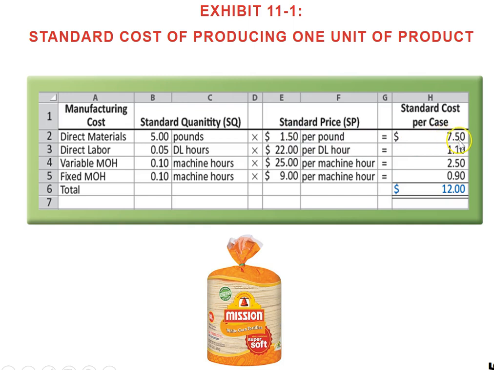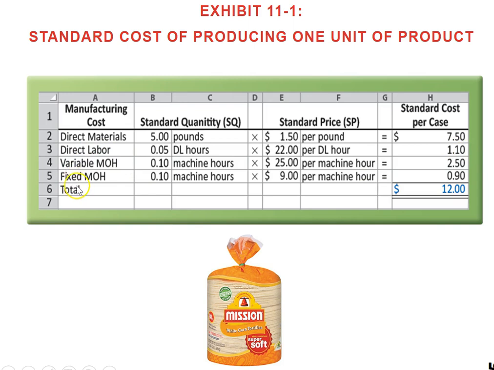That means your direct material cost for one product will be $7.50. You can also think of how much labor you need to spend to produce this 1 unit of product, and you figured out in an ideal standard situation you need 0.05 direct labor hours, and the labor cost is $22. That means for 1 unit of product your direct labor cost is $1.10.